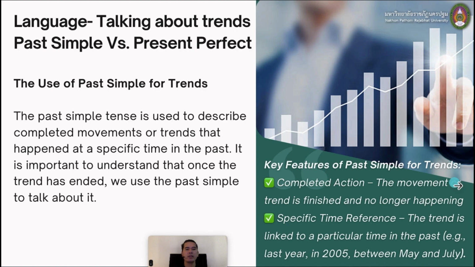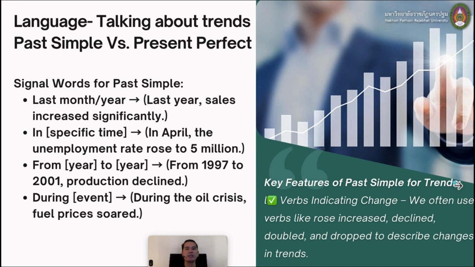Next, signal words for past simple are like last month, last year. Sales increased significantly. In April, the unemployment rate rose to 5 million. From 1997 to 2001, production declined.